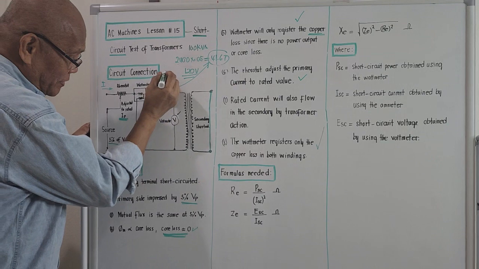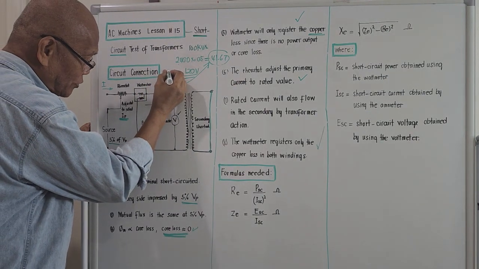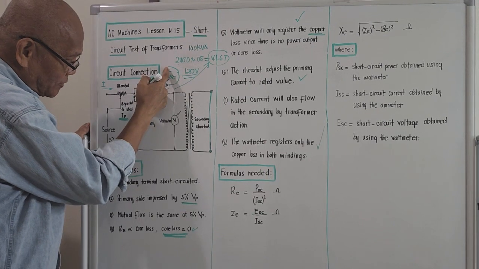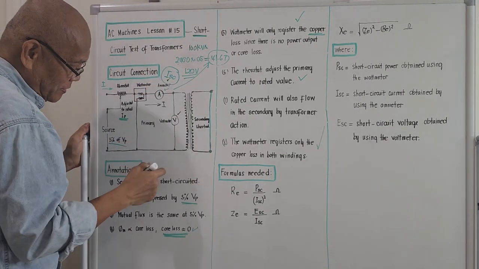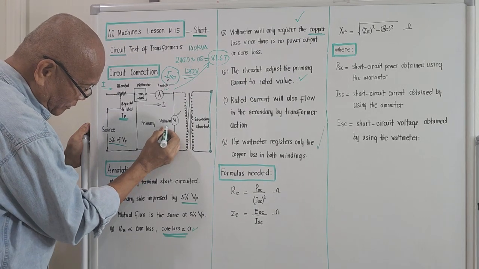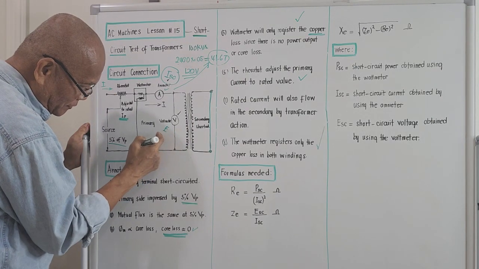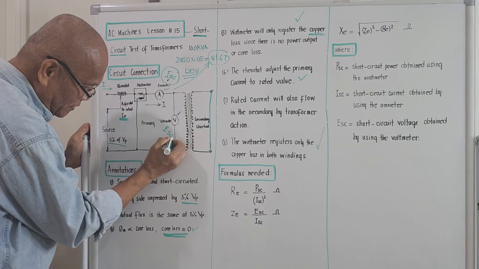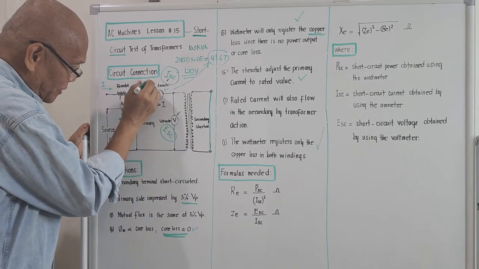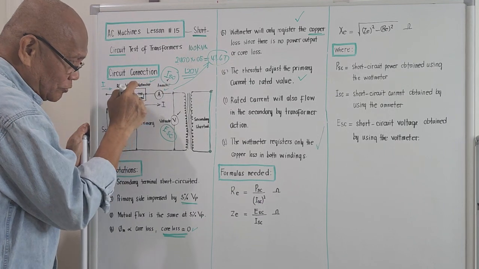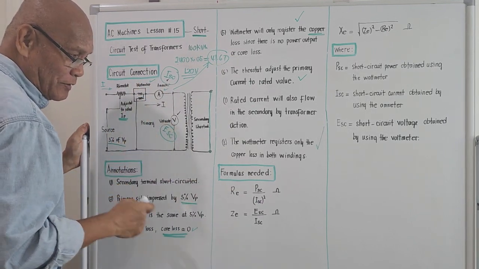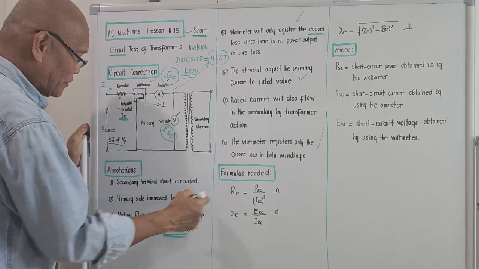The ammeter reading here is termed as the short circuit current, I with the subscript SC. The voltage that will appear here will be the voltage, capital letter E with the subscript SC, meaning short circuit voltage. The reading on the wattmeter will be the total true power consumed by the winding of the transformer. We needed one in the computation.